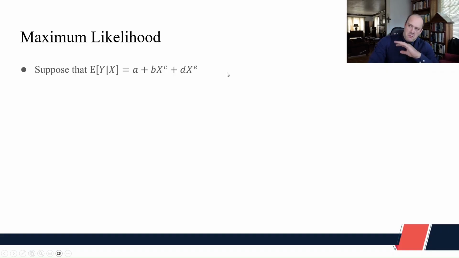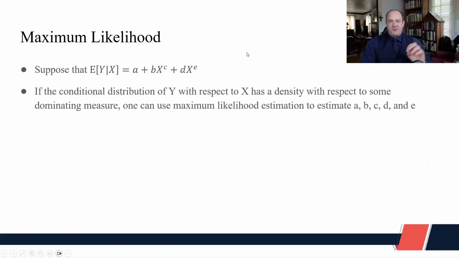So here's how this works. You say to yourself, okay, I'm going to hope that the conditional distribution of my target variable y with respect to x has some density with respect to some dominating measure, and then I'm going to use the density that comes from that and maximum likelihood estimation to estimate these parameters.